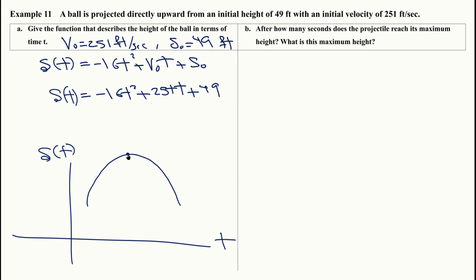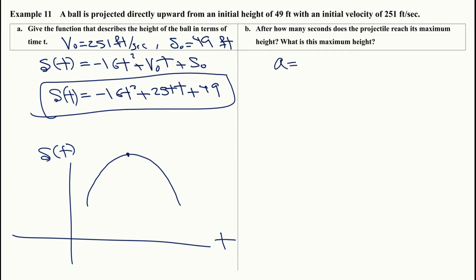So notice that you're focusing on this equation, right? Notice that A is negative 16, B is 251, and C is 49, right?